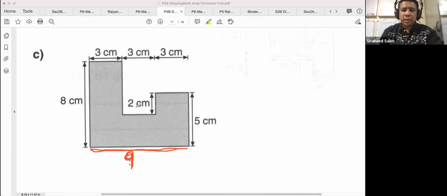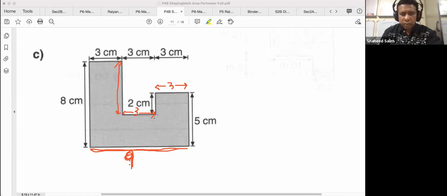So remember, this one they tell you is 3. From here to here is 3, right? Then they tell you down here to here is also 3. What about here to here? Well, the whole thing is 8.